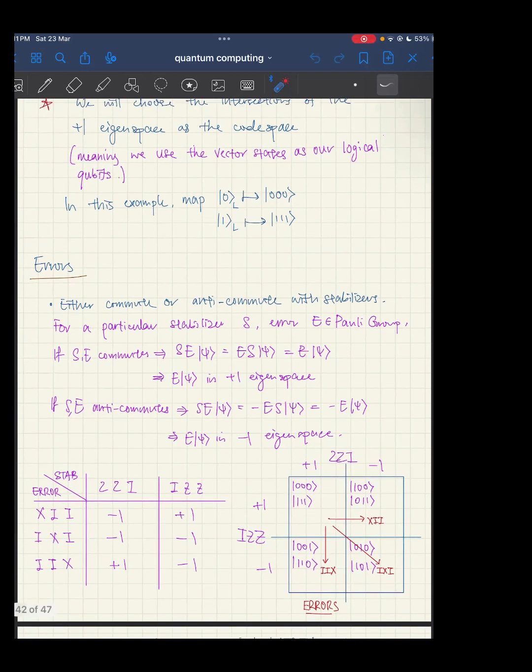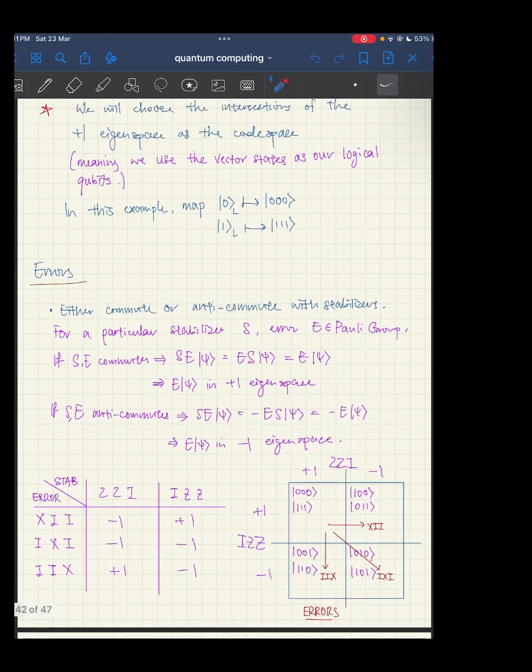So if we have a particular stabilizer S and error E, let's see what happens when they commute. Then S E of psi will be equal to E S of psi, which is E of psi, since S of psi equals psi, because S is a stabilizer of psi.